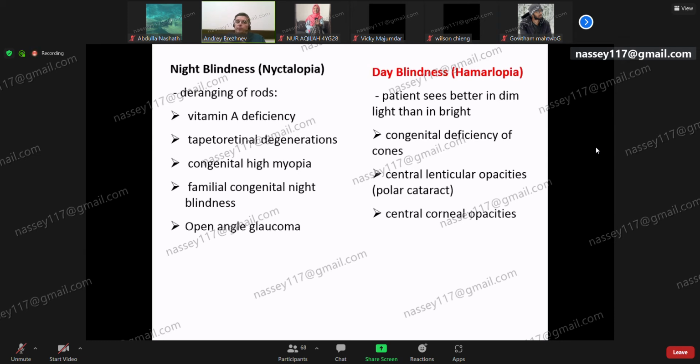The main question, how is it possible if the patient has poor vision in bright light when there is good illumination, luminance, but good vision in dim light?